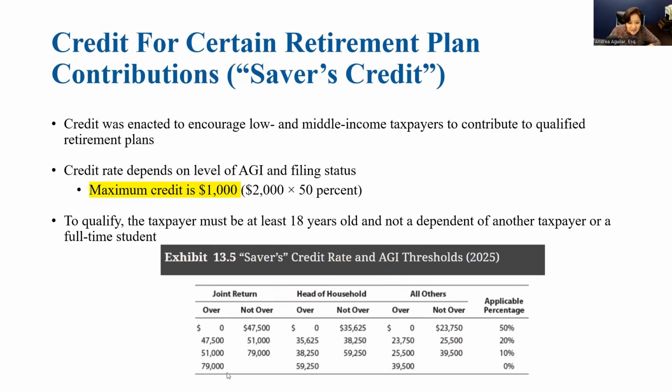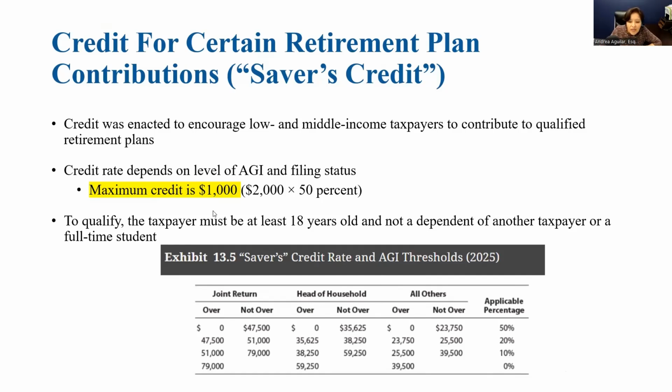Well, in that case, they will receive no credit at all because they exceed the threshold. For any couple filing a joint tax return that is making more than $79,000 of adjusted gross income, the applicable percentage for the credit is 0. So any married couple filing jointly with an adjusted gross income over $79,000 will not see any of this credit.